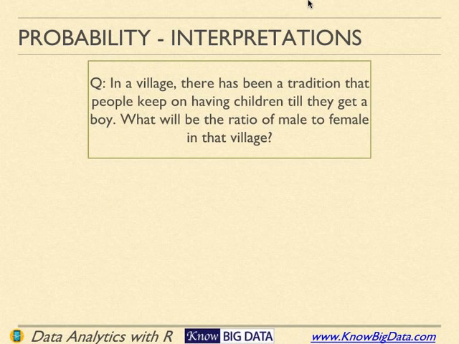What will be the ratio of male to female? You understood the question? In this village, people produce children only until they have a boy. The first time they get a boy, they stop having children afterwards. If they get a girl, they try for another, and if they get a girl again, they try for another. So what will be the ratio of male to female?